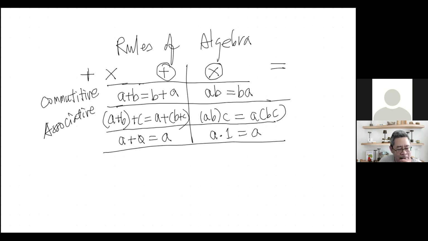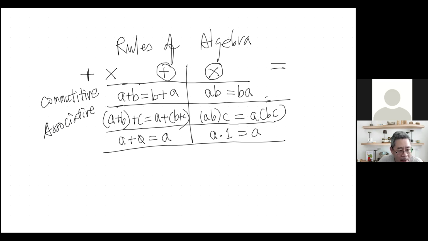Do you remember what this property is? It starts with I. So the property is called identity. This means it does not change its value.